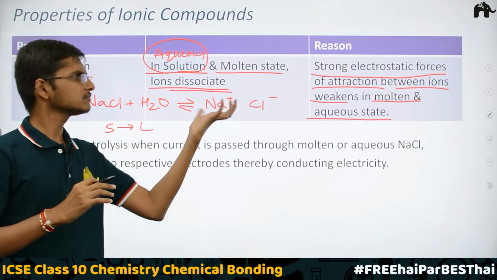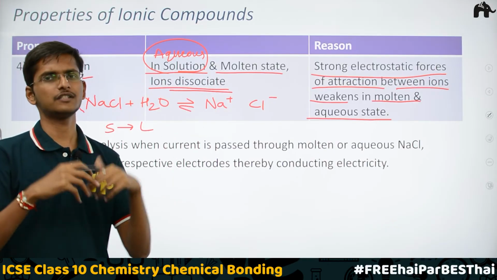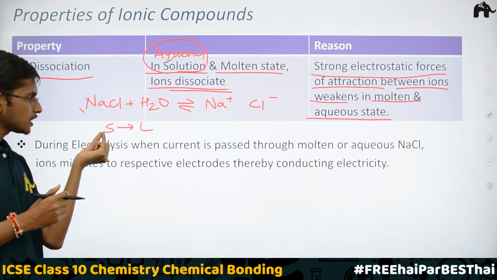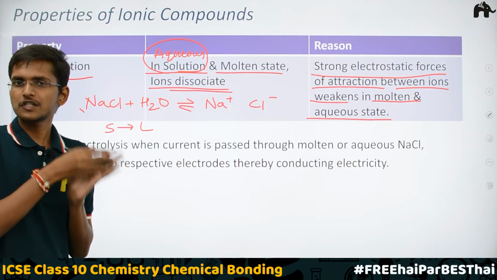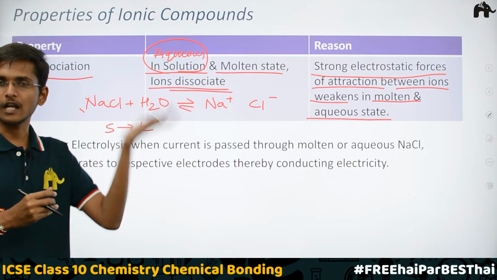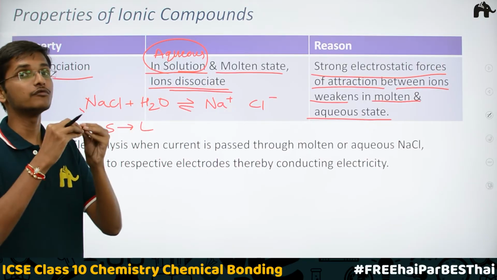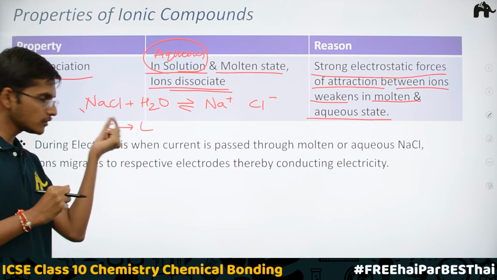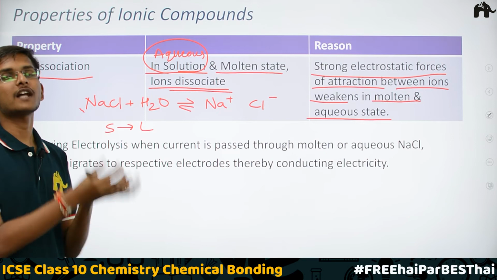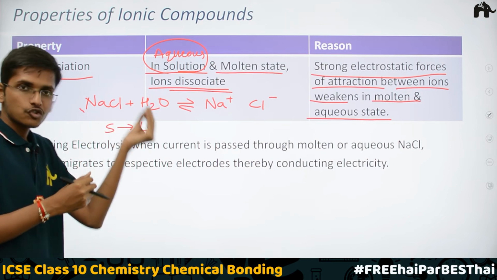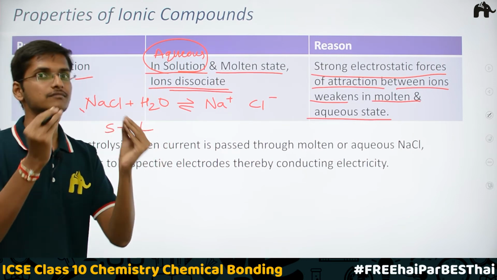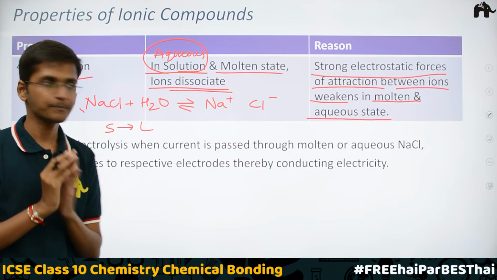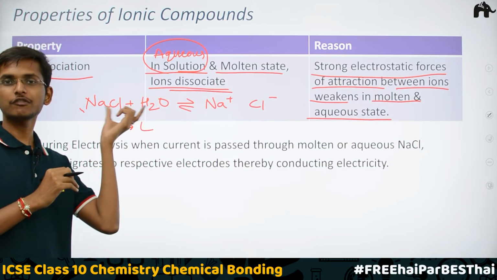Now why is the strong electrostatic force of attraction weakened? See, when we are converting from solid to liquid state, just now we have seen that we are providing a large amount of energy in order to weaken the strong electrostatic force of attraction. So because of this supply of large amount of energy, the strong electrostatic force of attraction weakens and ions get separated, ions dissociate. And in case of an aqueous solution, what is happening?